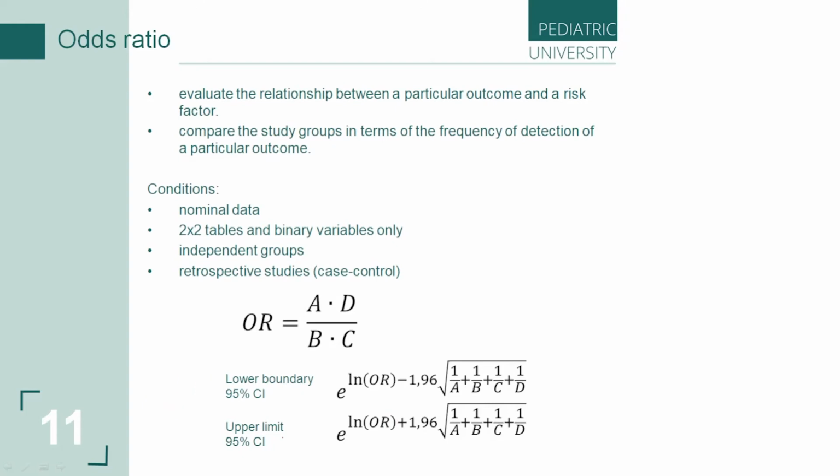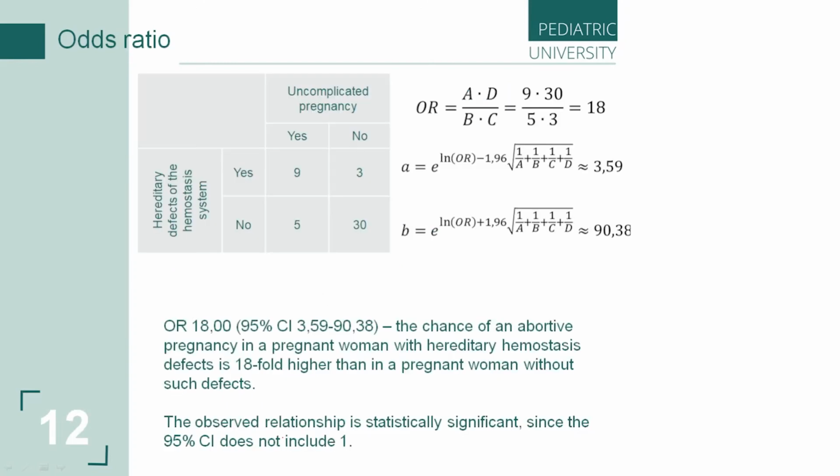So, let's look at this criterion by example again. In our example, the table shows inherited defects of the hemostasis system, either present or not, as well as data on the history of whether there was an uncomplicated pregnancy.